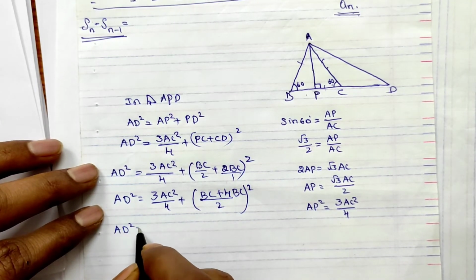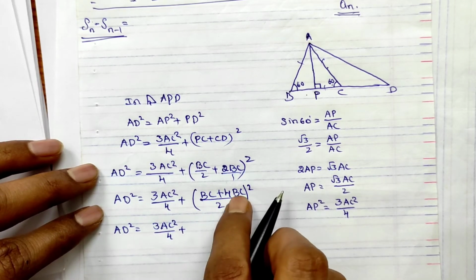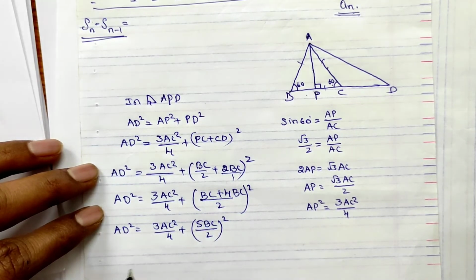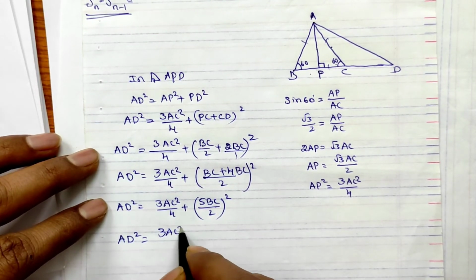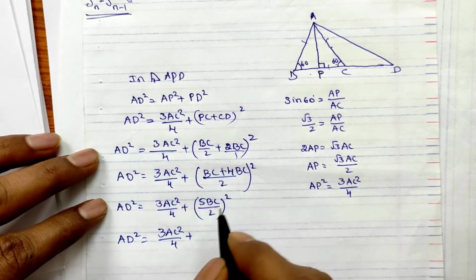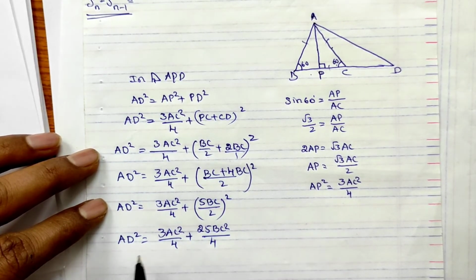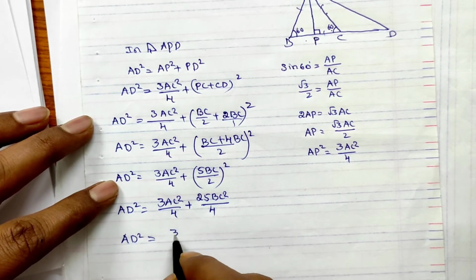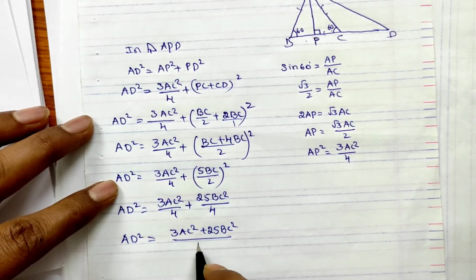So AD square is equal to 3AC square divided by 4 plus BC plus 4BC, that is 5BC divided by 2 whole square. So AD square is equal to 3AC square divided by 4 plus 5 square is 25, BC square divided by 2 square is 4. Now the denominator is the same, so we can add only the numerators. You know the rule of addition of fractions. 3AC square plus 25BC square divided by 4.